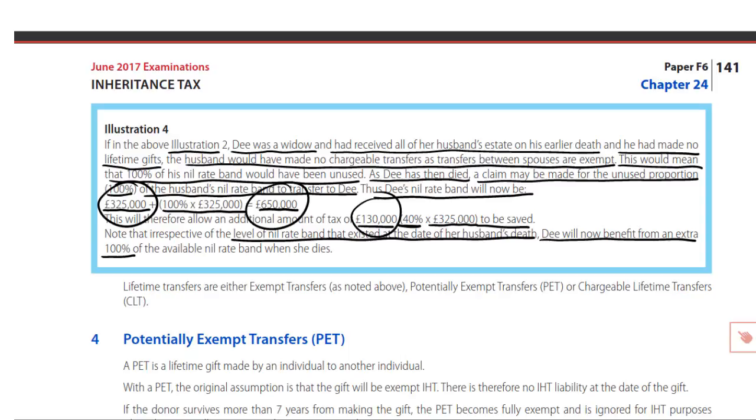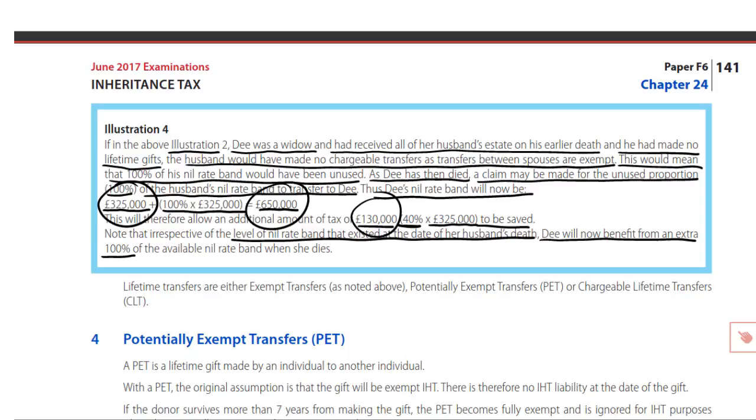We work out on the death of the first spouse what is the percentage, the proportion of the nil rate band that is unused on that first death, and it is that proportion that is transferred then to the surviving spouse, so that when he or she then dies, we can add in to their available nil rate band the relevant percentage of whatever is then the nil rate band at that date.